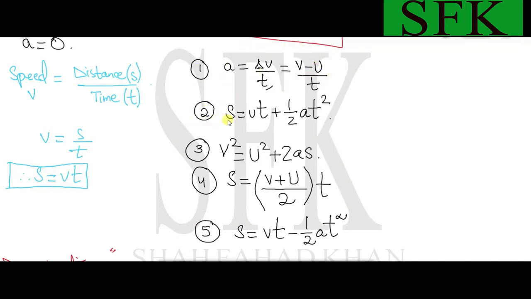The second equation of motion is also a very important one and has been frequently tested in past year papers. s = ut + (1/2)at². s is the displacement, or in some cases it is referred to as the distance, but mostly it's the displacement. u is the initial velocity, t is the time, and a represents the acceleration.